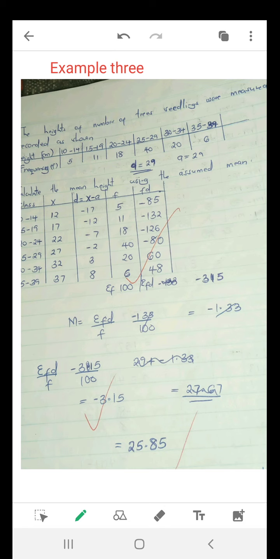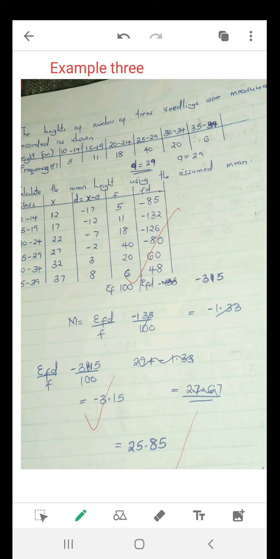You have a column of height in centimeters, then frequency f. Look at this data and compare it with the other data we have dealt with. This time the data is given in classes. This type of data is what you call grouped data.